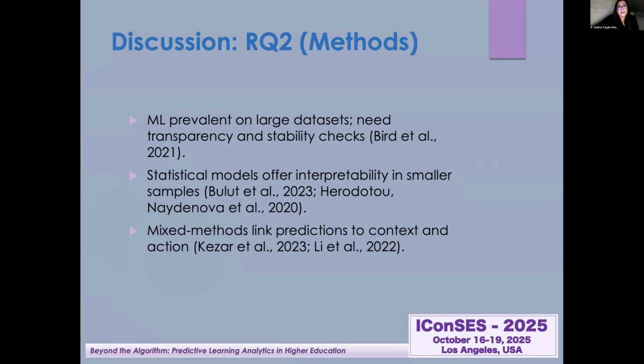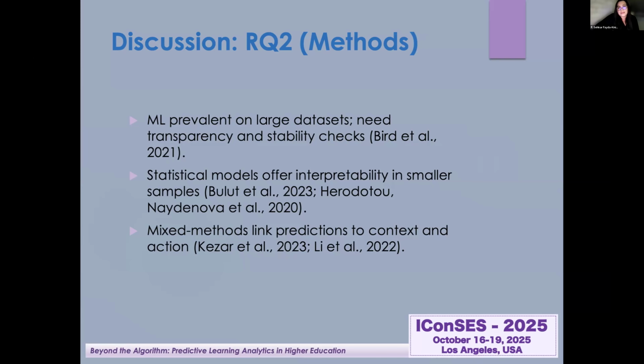Regarding the methodology, machine learning models were used a lot on making analysis of large data sets. But there is a transparency and stability need; there need to be transparency and stability checks in these studies as a gap or limitation.